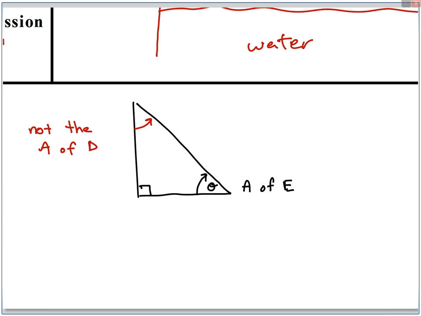To find the angle of depression, you would draw in a horizontal line like this, and draw down from the horizontal. That's the angle of depression. Those two things are the same. So if on a test I give you angle of depression, put that in the angle of elevation. It's the same.